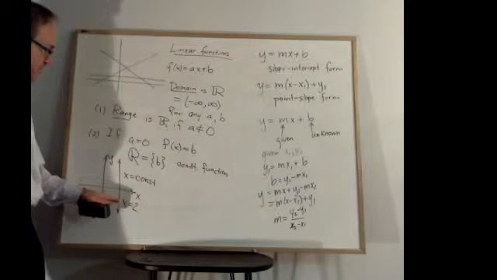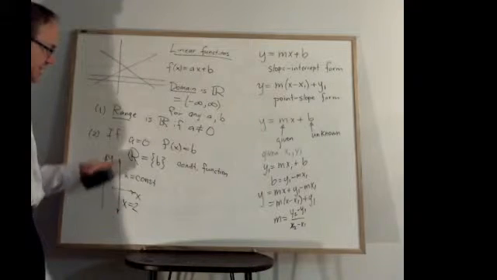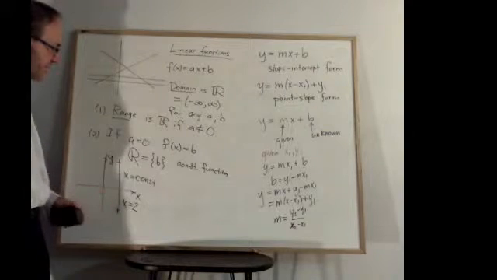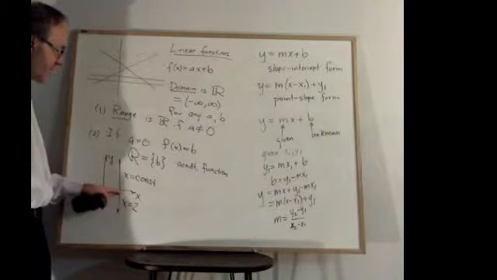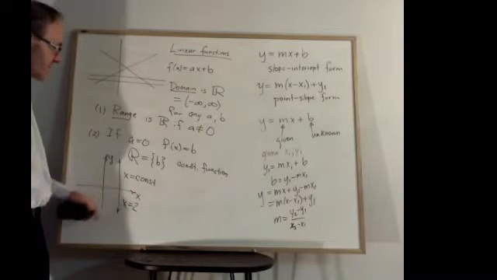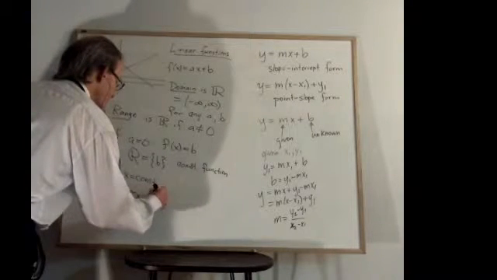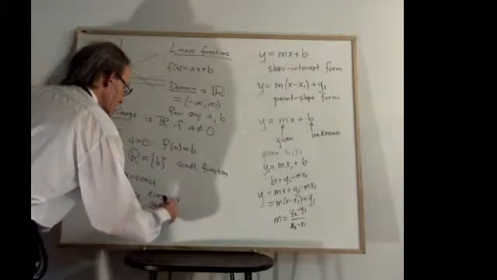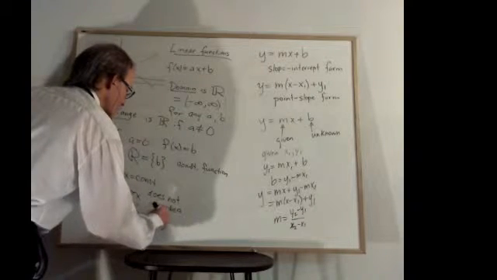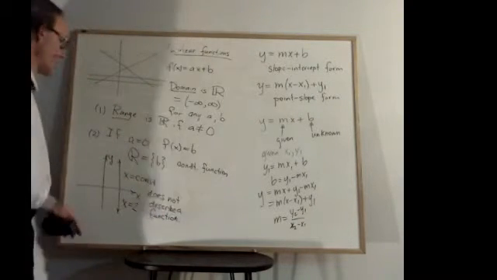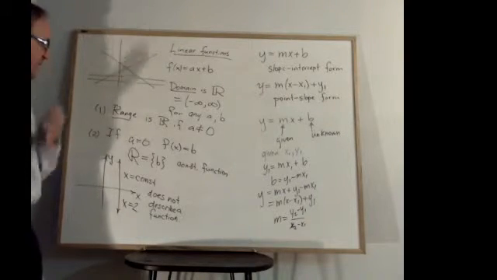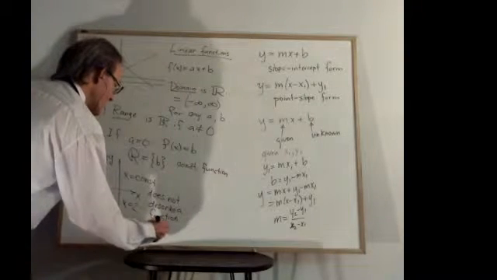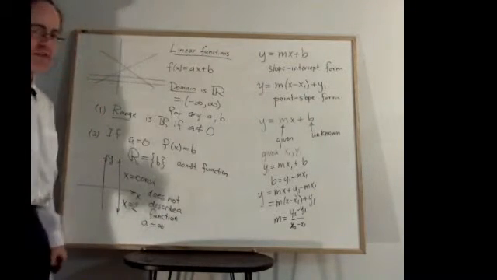This graph fails the vertical line test for a function. In other words, for one value of x, you have infinitely many possible values for y. So this does not describe a function at all. In this case, the slope a would be infinite, or positive or negative infinity, or undefined.